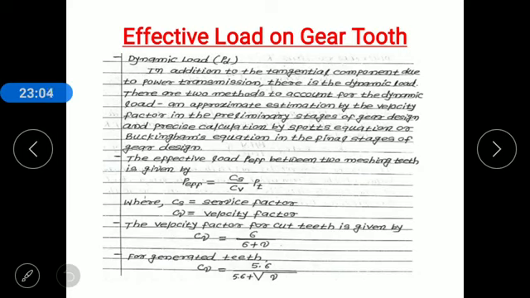First, the velocity factor for cut teeth is given by Cv equal to 6 divided by (6 plus V), and for generated teeth, the velocity factor is Cv equal to 5.6 divided by (5.6 plus square root of V). Using these two relations, we find the velocity factor in case of a bevel gear.